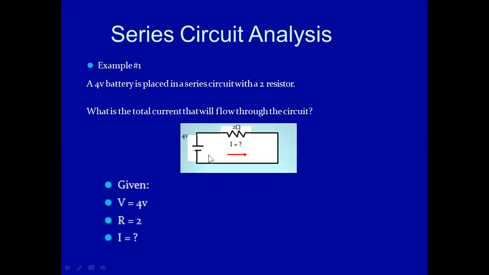Okay. How are you going to solve now for the total current? Remember that our relationship of voltage with respect to our Ohm's law is current multiplied with your R, or V is equal to IR. To solve now for the total current, I would be equal to V all over R. So if we plug in the values, 4 volts all over 2 ohms, this gives us 2 amperes.